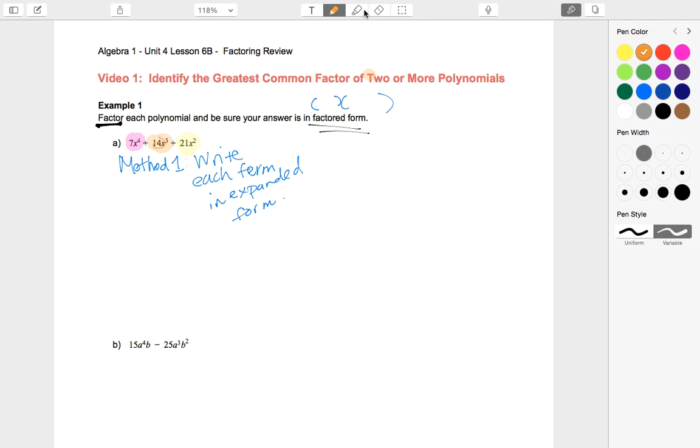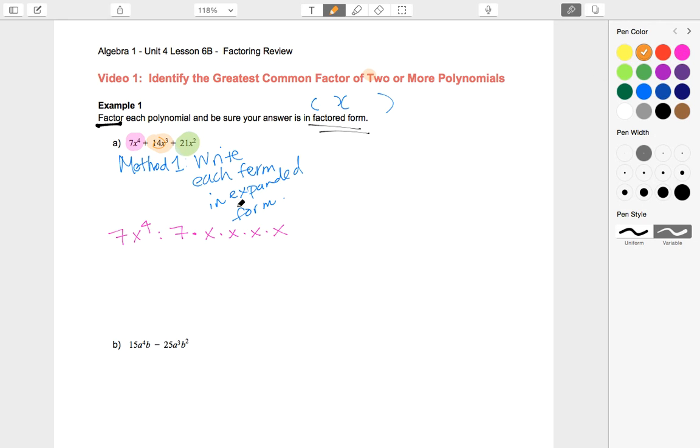Okay, actually I might use a different color, maybe green, to help us see that better. Here I'm going to write out 7x to the fourth, and you have all seen this. You know you have to get these into their primes, so that's 7 times x times x times x times x.